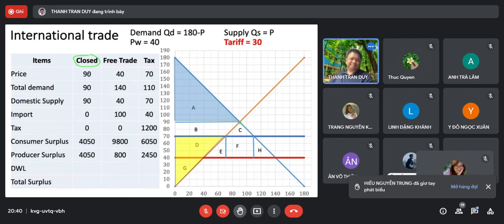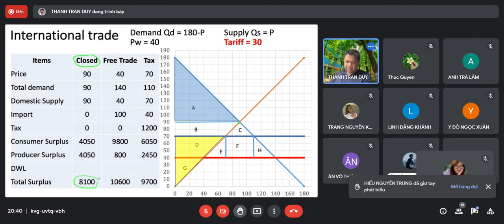The answer is, now before we calculate the deadweight loss, what is total surplus if we close the economy? It will be the sum of consumer surplus, producer surplus, and tax, right? So this is total surplus in the case of closed economy, free trade, and tariff. Look at this one.